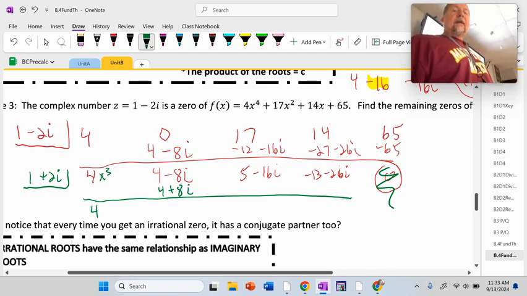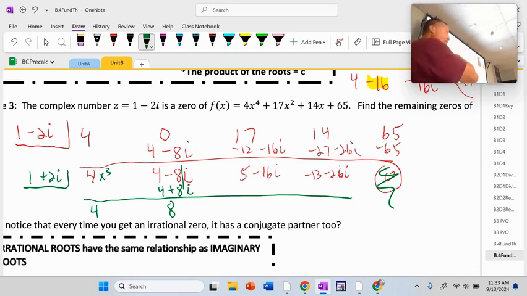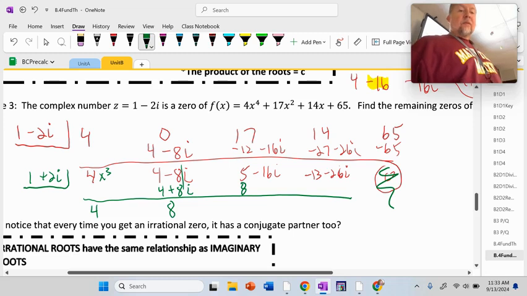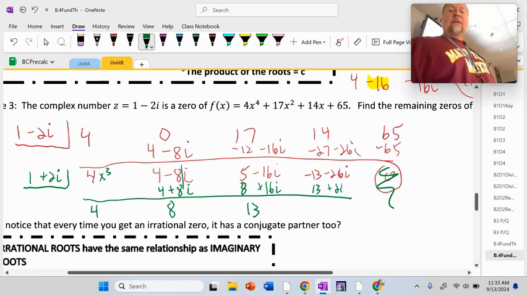Oh, look at that. That becomes 8 there. That's nice, right? I don't have to do any more calculator work. It was just that first round. That was awful. Next one is distribution. 8 plus 16i. Nice. This is 13. And then 13, oh my gosh, plus 26i. Are you kidding me? I got a 0 as a remainder, which proves this is a 0.